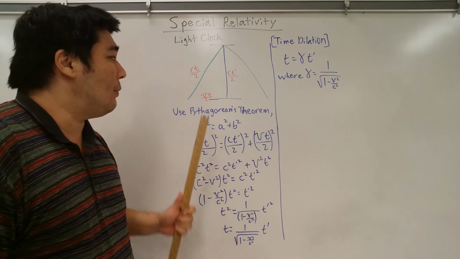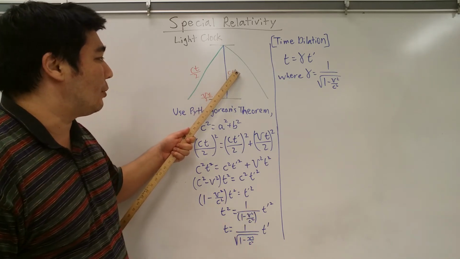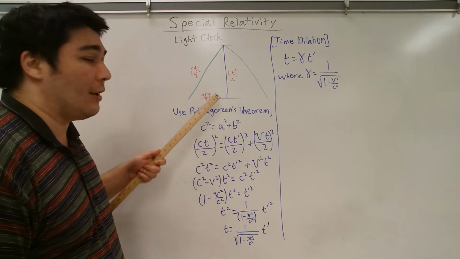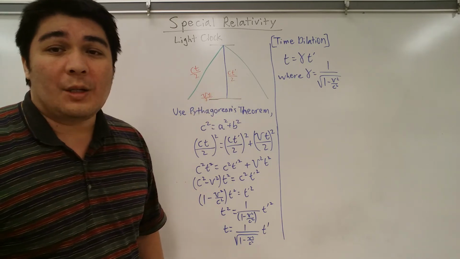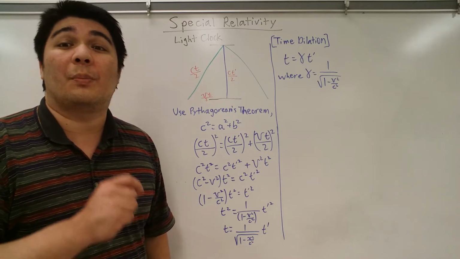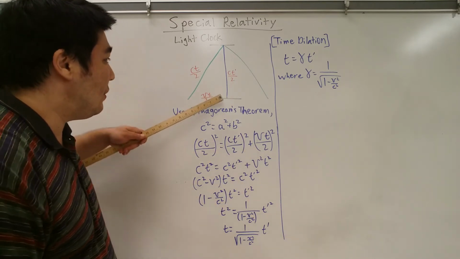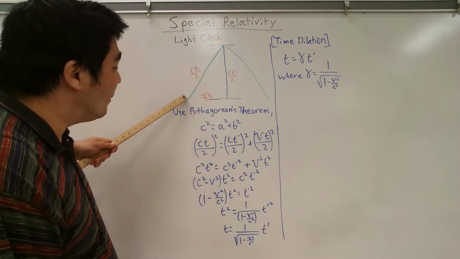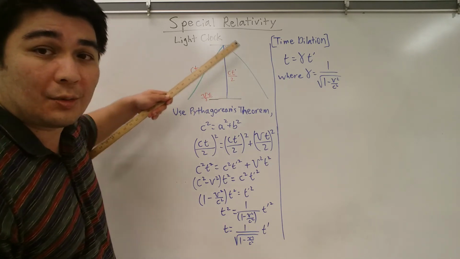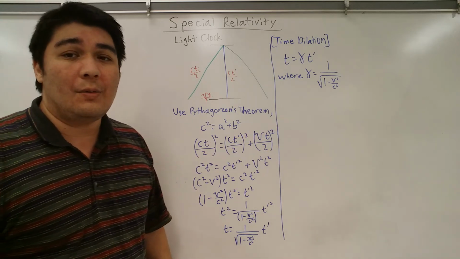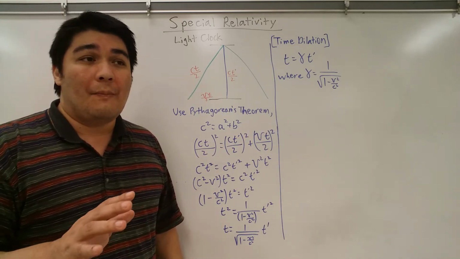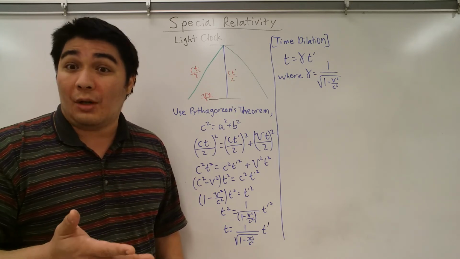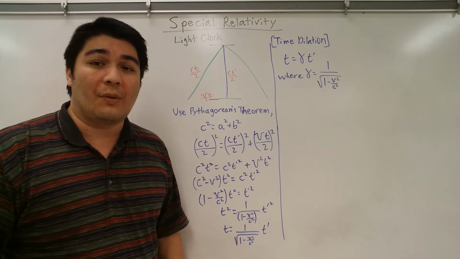Now, one of the things I did want to point out over here is there's this little prime, or this little tick mark right here, and there's none over here. The reason I did that was because I wanted to show that there was a different perspective, because if you're on the spaceship, you see the blue line. If you're on Earth, you would see this green line. So I wanted to show that there's a possible difference in the way time flows from these two different perspectives.